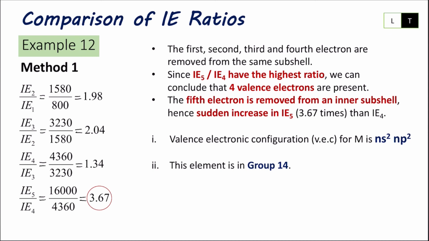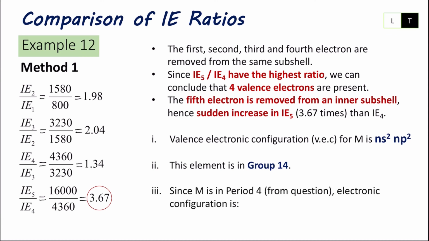And the third question, dia minta full electronic configuration sekiranya M is in period 4. So now you can fill up this one as VEC 4s2 4p2. The rest of the orbitals sebelum 4s2 dan 4p2 are fully filled with electrons.